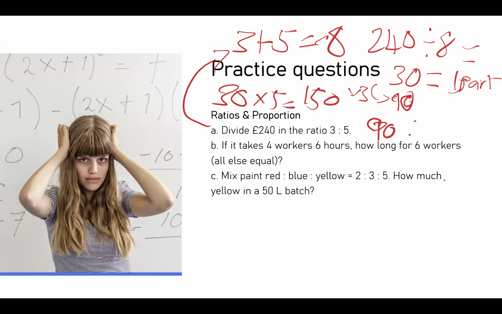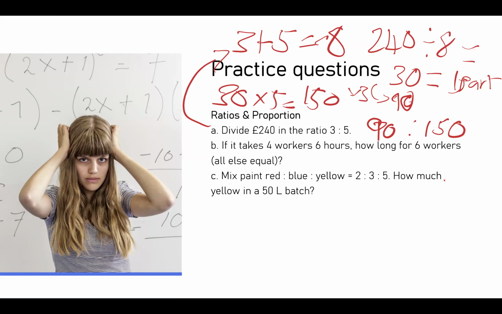So the answer as a ratio of 3 to 5 would be 90 to 150.